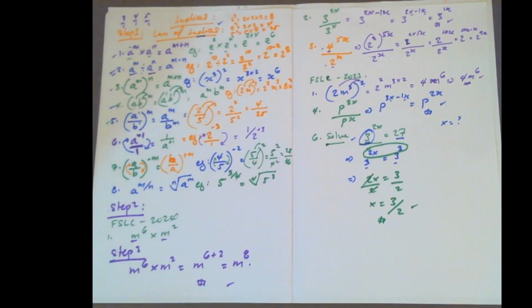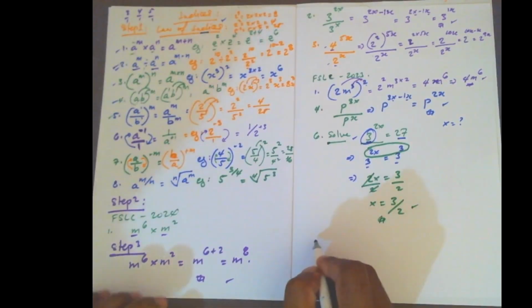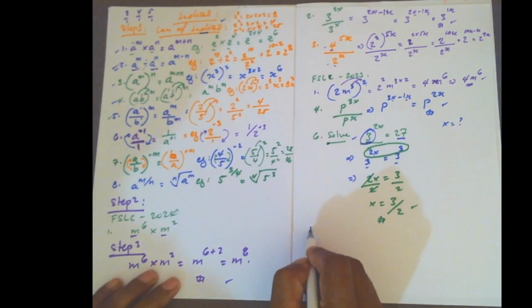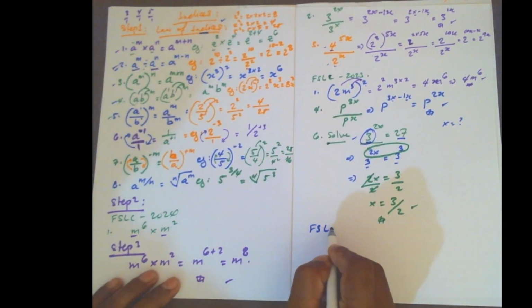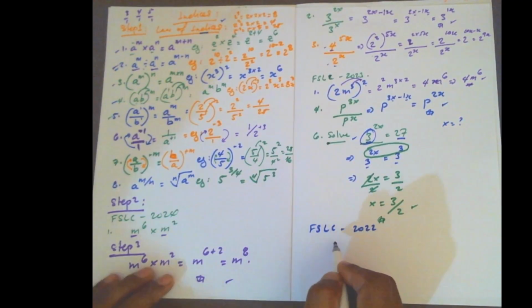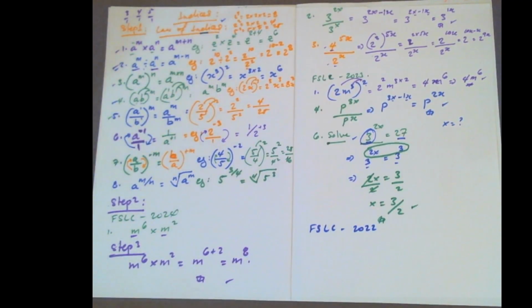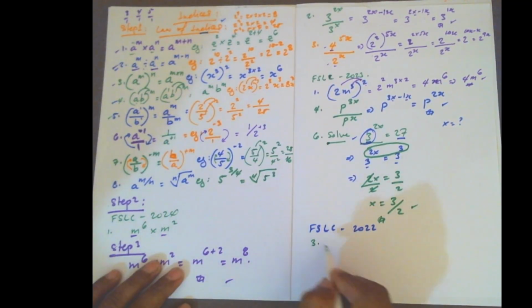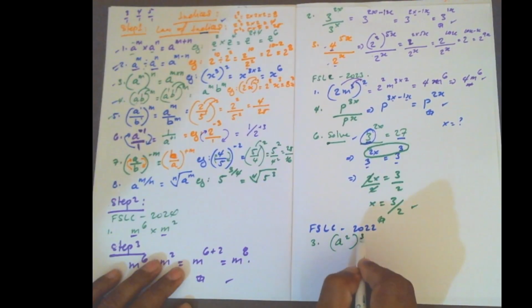Let's look at the 2022 paper, FSLC, question number 3 on strand 1. Simplify a to the power of 2, raised to the power of 3.